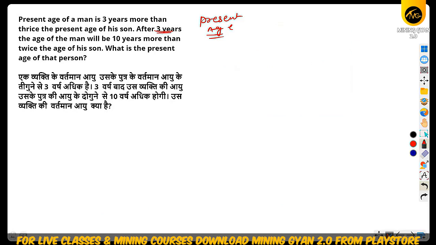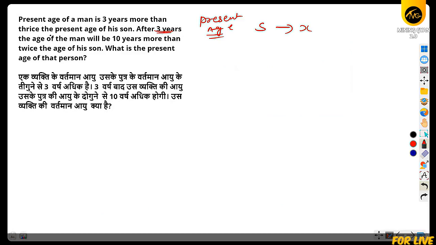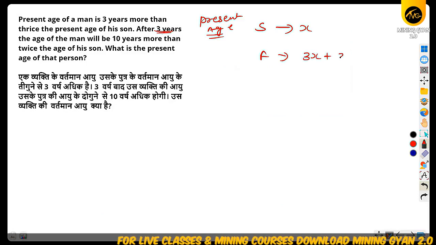So first of all we have to consider the present age, that will be the son's age. Suppose the son's age is x, variable x. The present age of the man is 3 years more than thrice the present age of his son. So now the father is 3x plus 3.